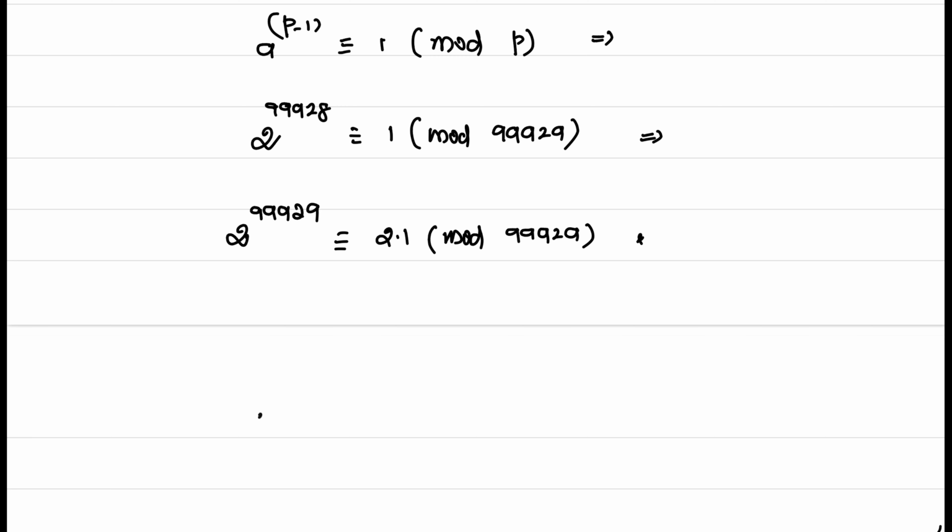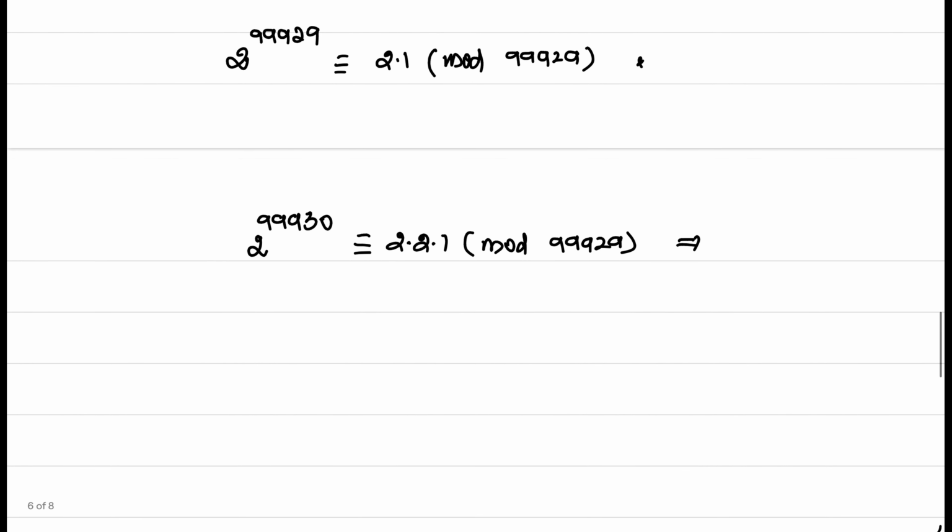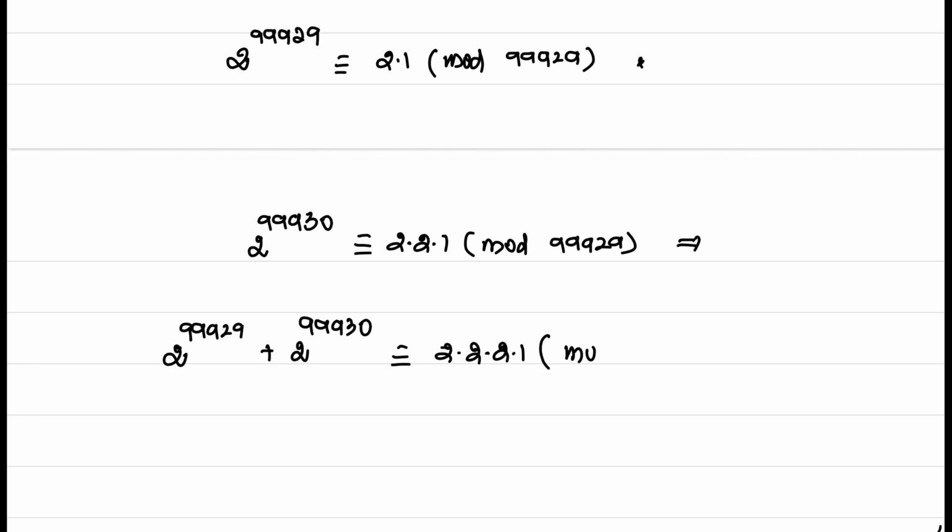And 2 to the power of 99930 is equivalent to 2 into 2 into 1 mod 99929. From these two we get that 2 to the power of 99929 plus 2 to the power of 99930 is equivalent to 2 into 2 into 2 into 1 mod 99929.